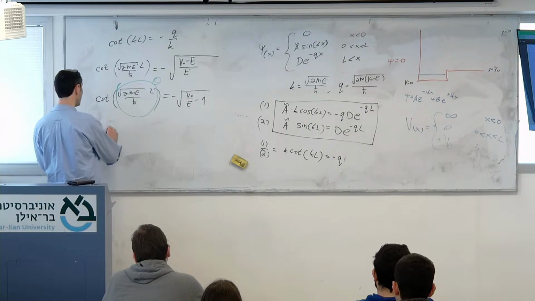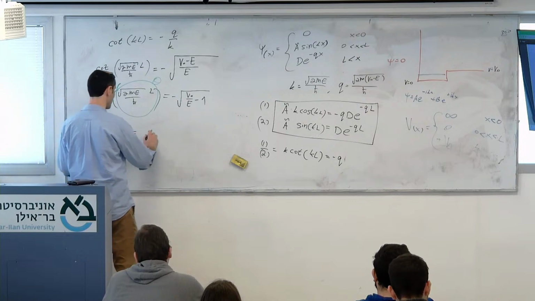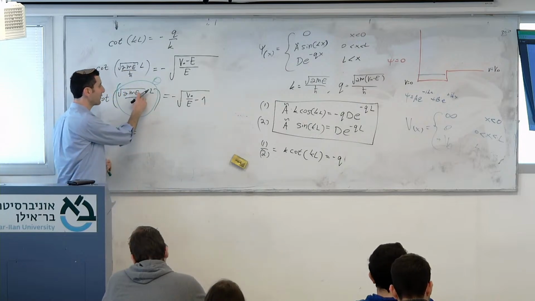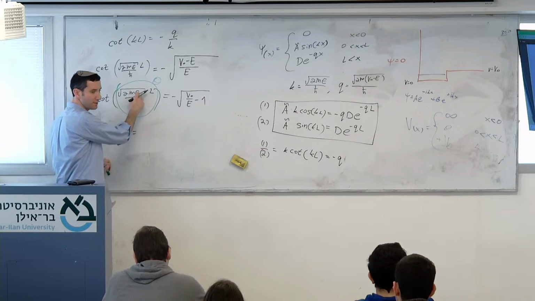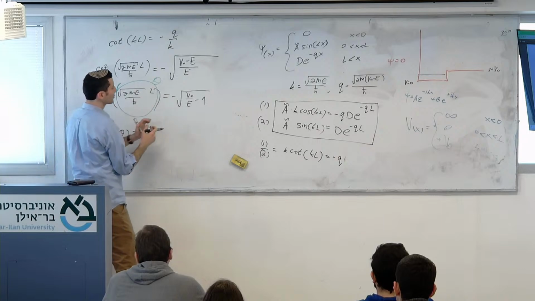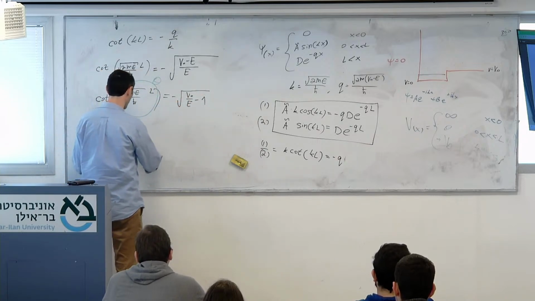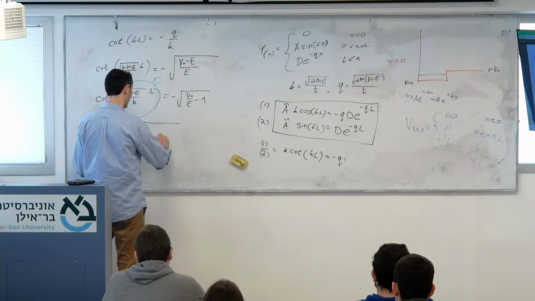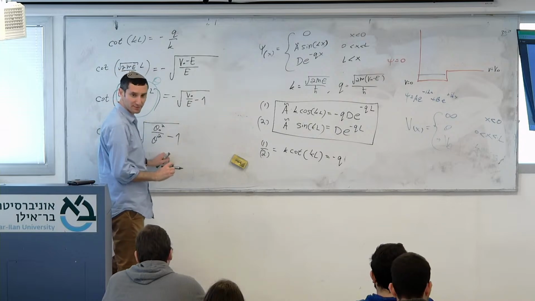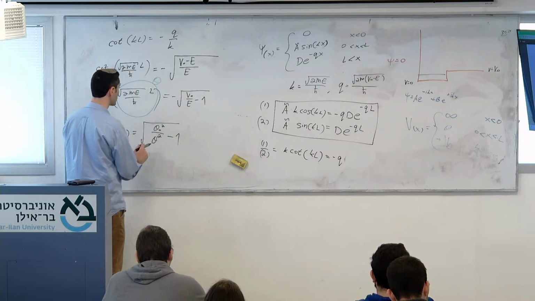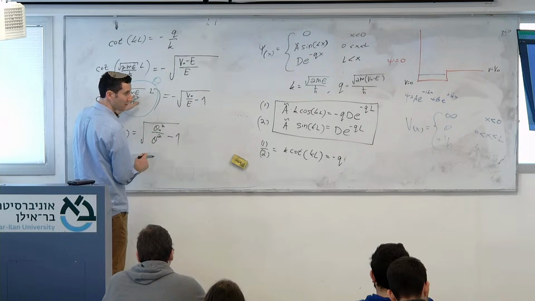I'm going to get here cotangent of theta is equal to, I see here that theta includes the square root of E. So within the square root, this is theta squared, right? I want to have here theta squared over something, and we call it theta naught squared, minus 1. Theta naught turns out to be, not surprisingly, the same thing only with V naught.